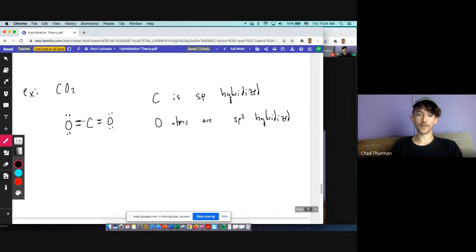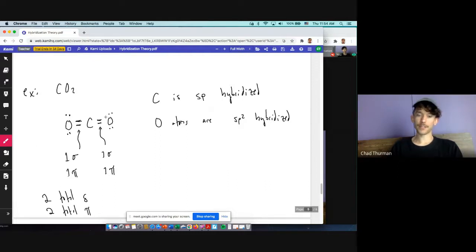We want to describe the bonding now. I see 2 double bonds, so I know that each of them is going to be composed of a sigma and a pi. So I have 2 total sigma bonds here. I have 2 total pi bonds in this molecule. This should make perfectly good sense to you.